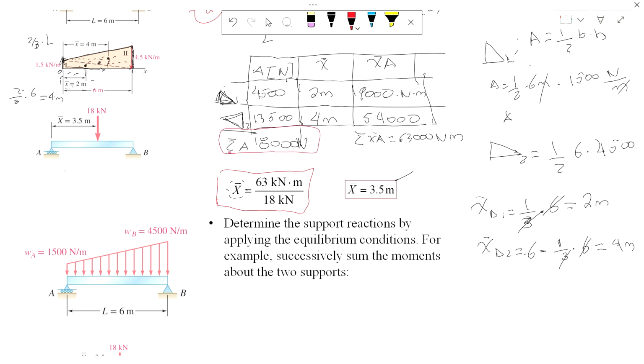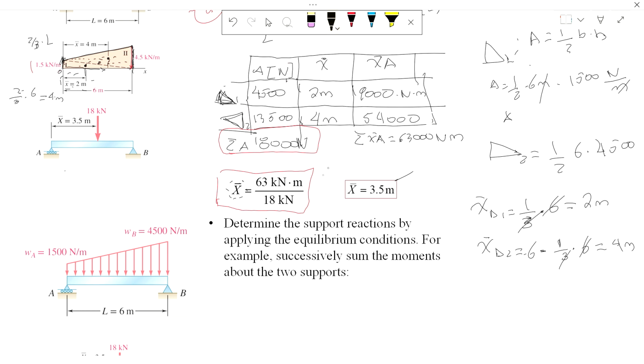I don't want you to get confused. This area is not in units of length. It's not meters squared. These areas or regions are in units of newtons. And we just saw why, because the unit of the force given is kilonewtons per meter. And so if you multiply meters times kilonewtons per meter, you're going to get kilonewtons or thousands of newtons.